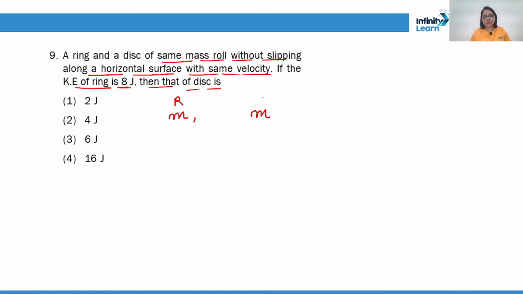Moment of inertia of the ring is mr square and moment of inertia of the disc is mr square by 2. Kinetic energy of an object performing rolling motion is given as half mv square into 1 plus k square upon r square.